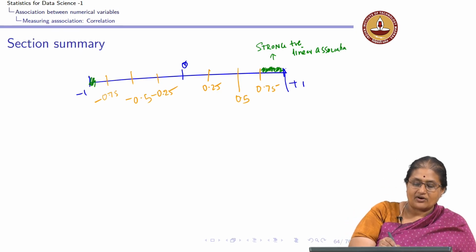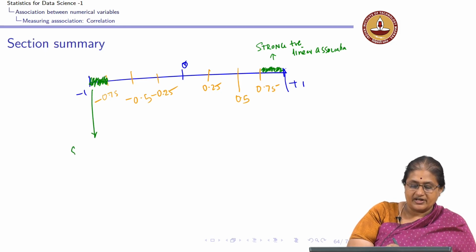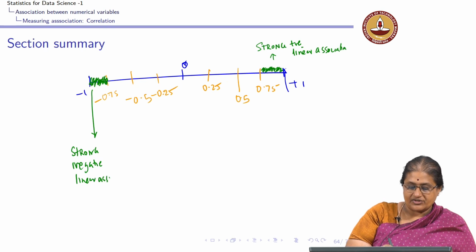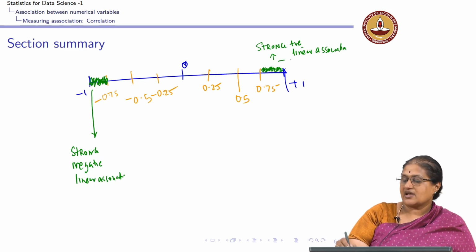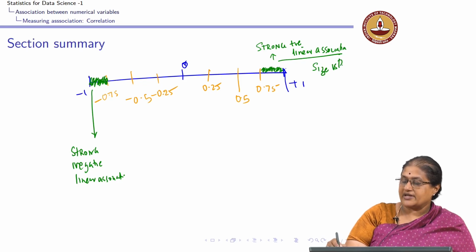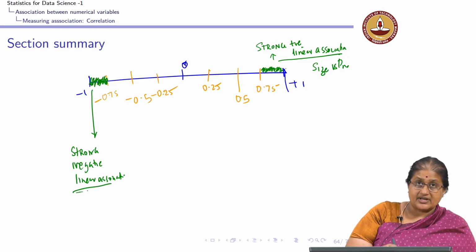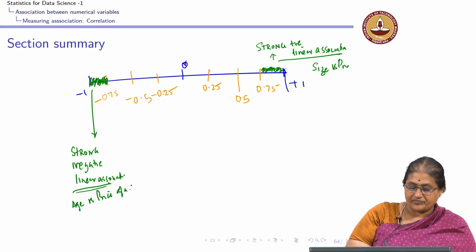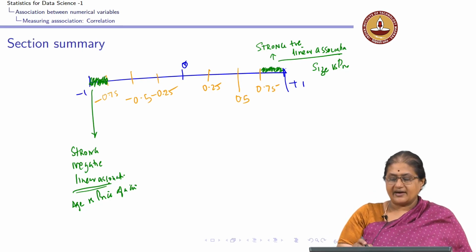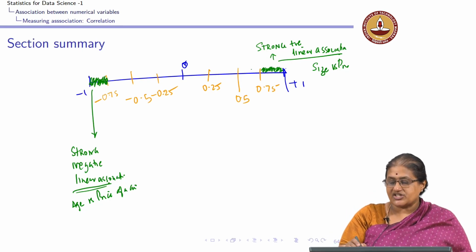Similarly, if I have a correlation measure in this range, this could indicate a strong negative linear association. The first example, size versus price of a home, was of the positive kind. The age of a car versus price of a car was an example of the negative kind.